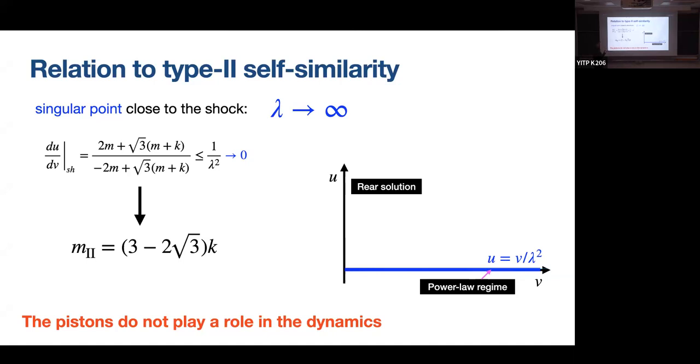And it turns out that since there's hardly energy there, it does not affect what's happening. It does not affect the piston because the piston has most of the energy, so it cannot affect it. And it also doesn't really affect the power law asymptotic that evolves behind the shock, even though information does come from the back part of the profile, because there is hardly any energy there, it does not affect the solution.